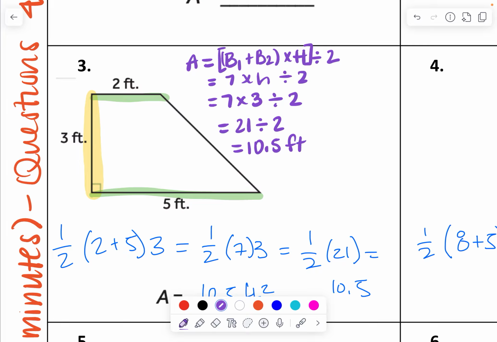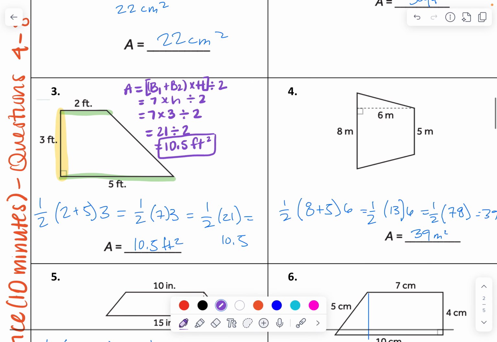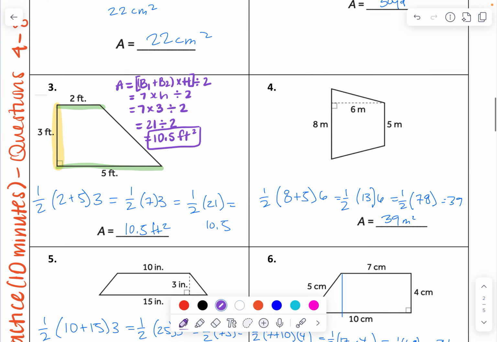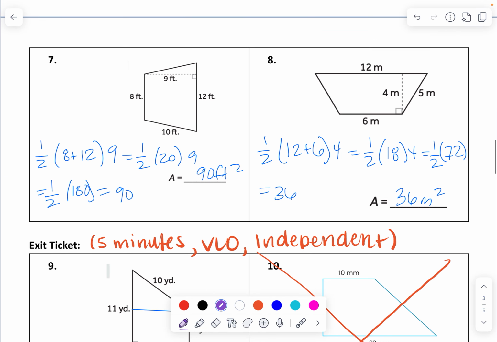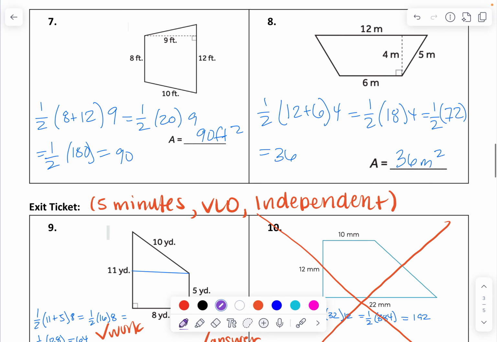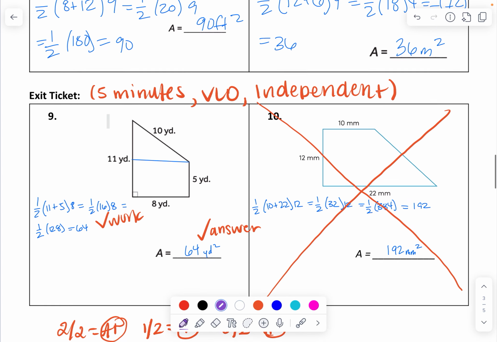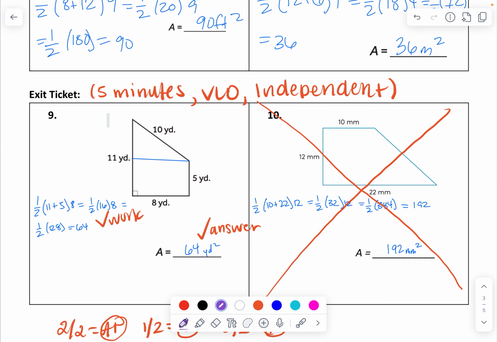Feet squared. Okay, so from there, students will work on questions 4 through 8 with a partner before launching into their one question exit ticket, which is question 9.